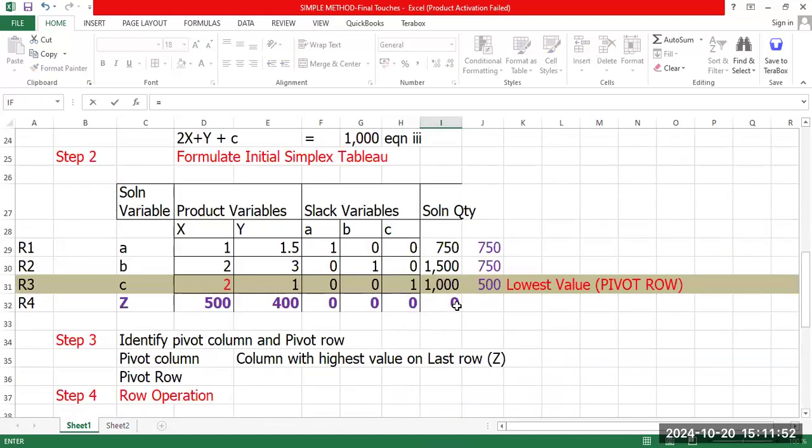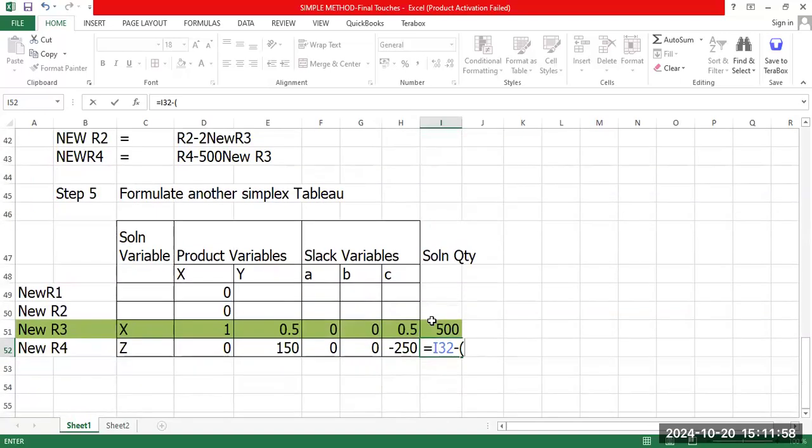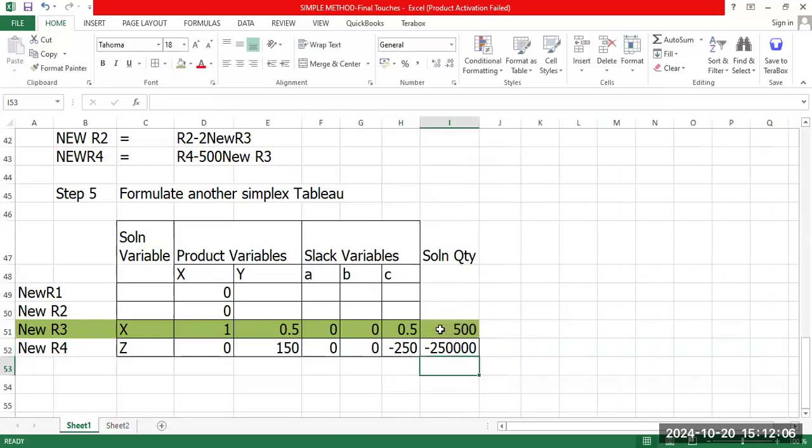Then lastly, previously row 4, the value is 0 minus C, open bracket. Colleagues, don't forget to open bracket. Times 500. That's what I have. So the question is, are you going to repeat the procedure?